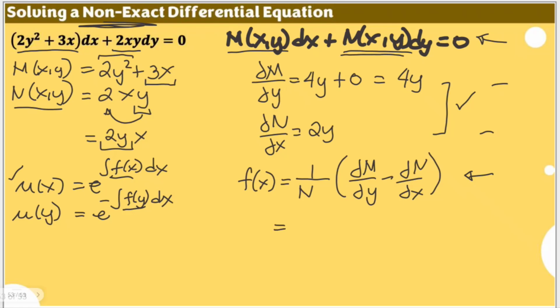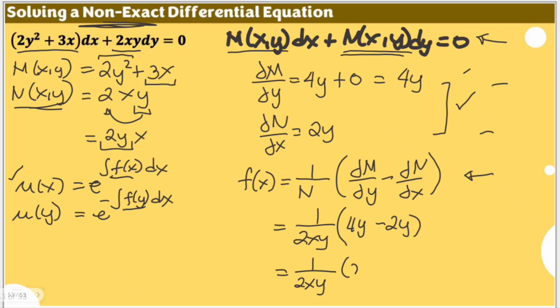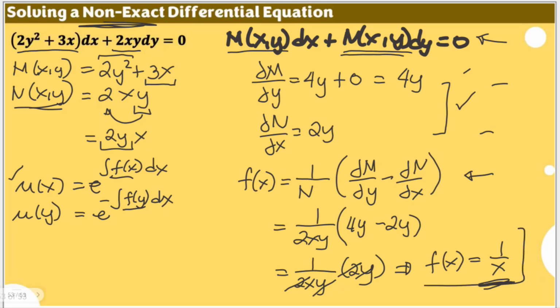Your N here is this one, so 1 over 2xy times 4y minus 2y. You will have 1 over 2xy times 2y as the difference. Now you can cancel this and cancel y as well. You will get a result of f of x being equal to 1 over x. Since it only has one variable, x, this is possible.